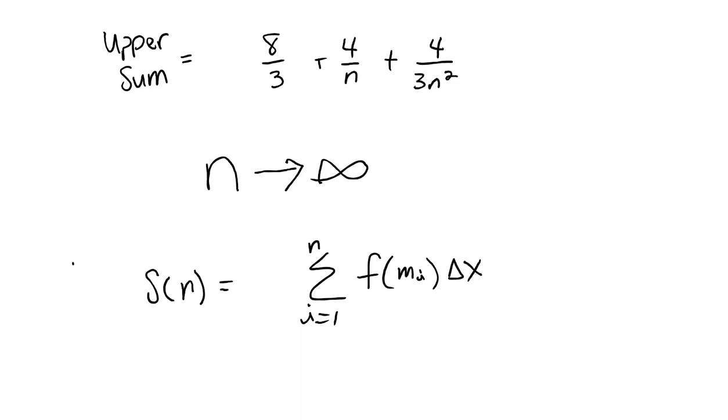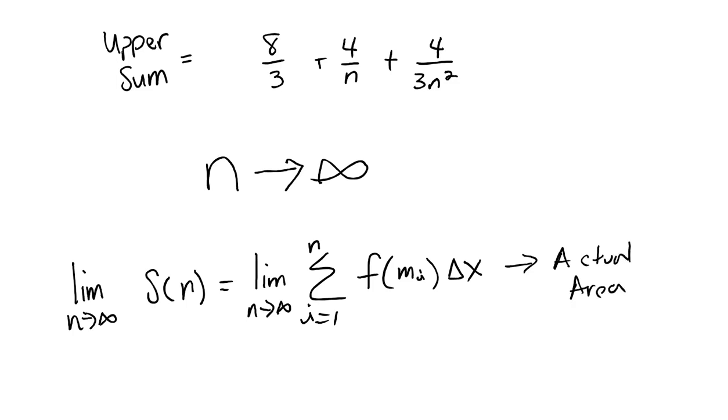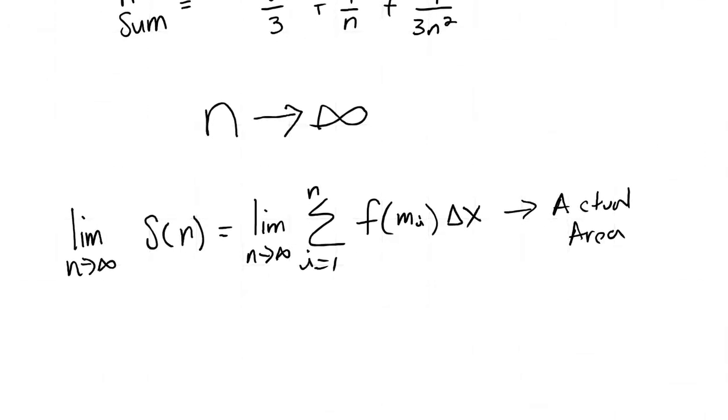If we now allow our limit as n approaches infinity on this, we're allowing the number of rectangles to increase, and what that gives us is the actual area. So instead of it being an approximation, we get the exact area.